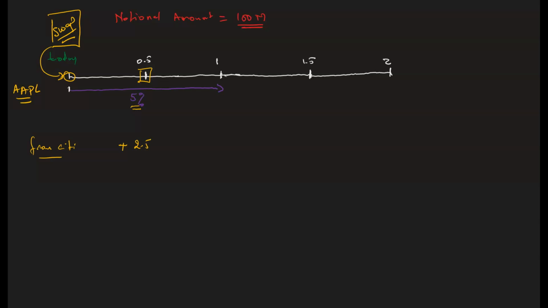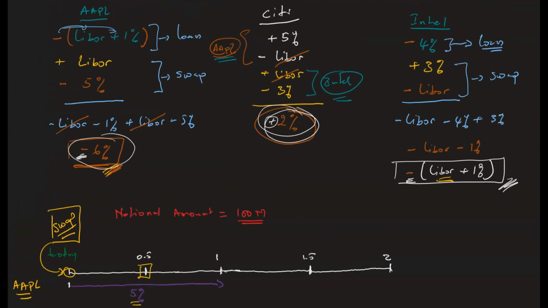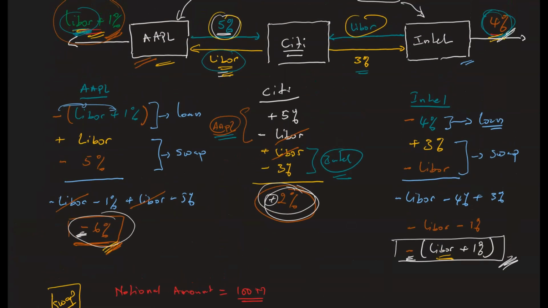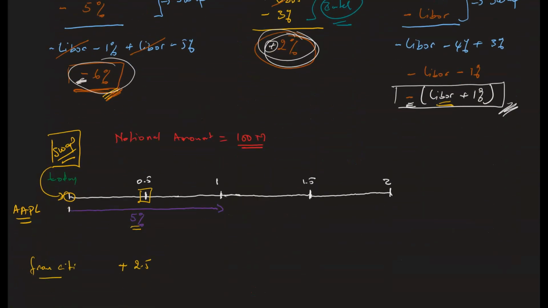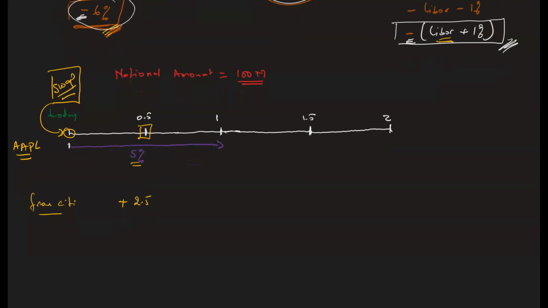So Apple is going to be receiving 2.5%, right? What is Apple supposed to be paying to Citi? Well, Apple is supposed to be paying 5% to Citi. And so Apple is going to be paying minus 2.5% to Citi.